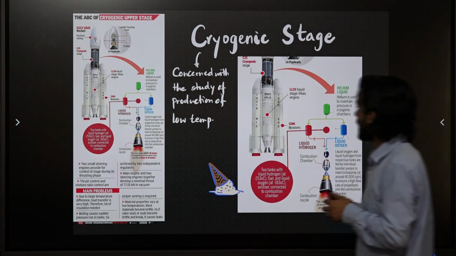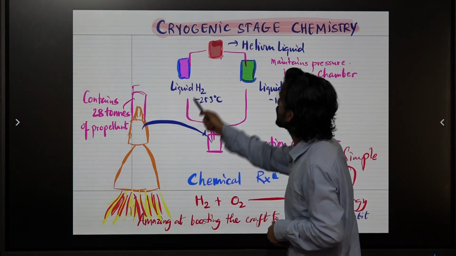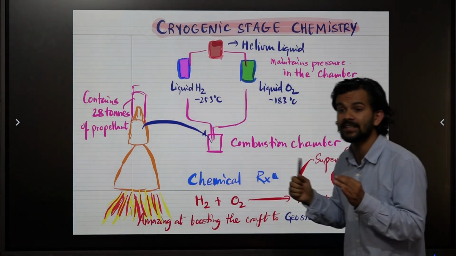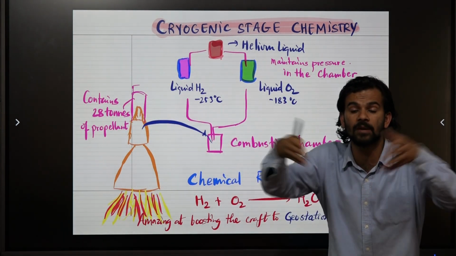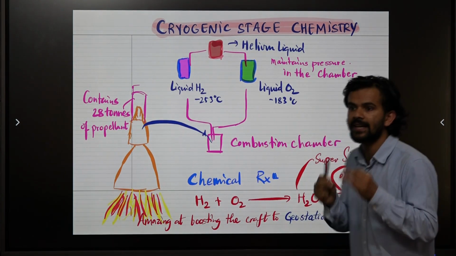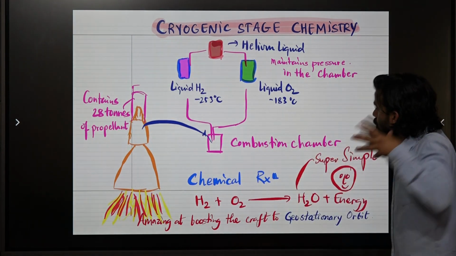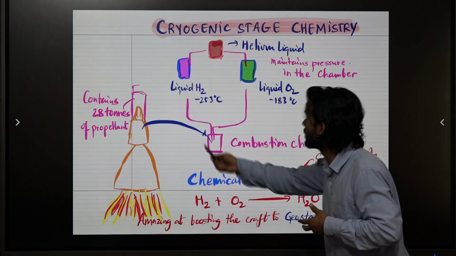They are cooled to minus 253 degrees centigrade. That means they are like liquid, you can pour them. And liquid oxygen is at minus 183 degrees centigrade. They are cooled to that level.